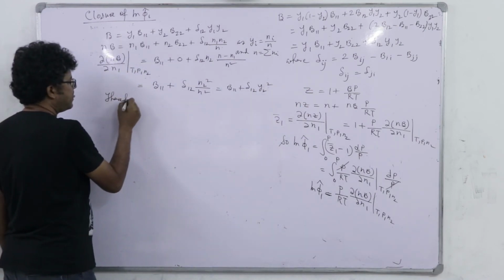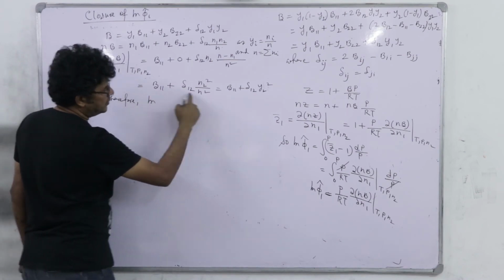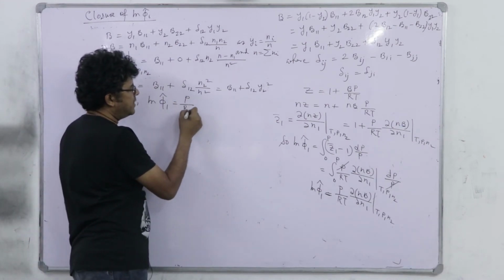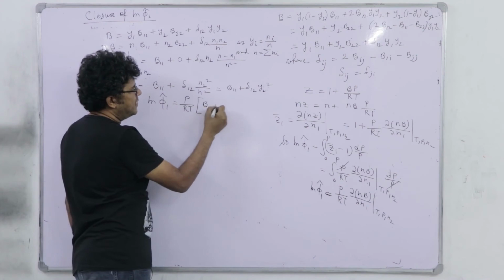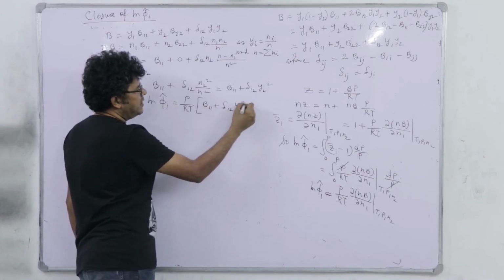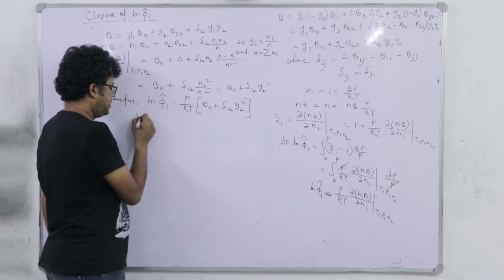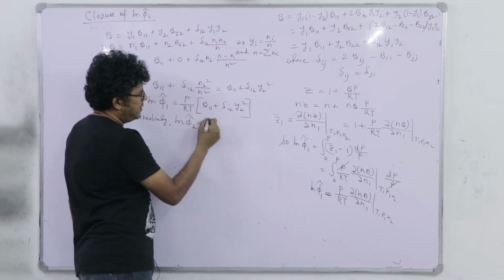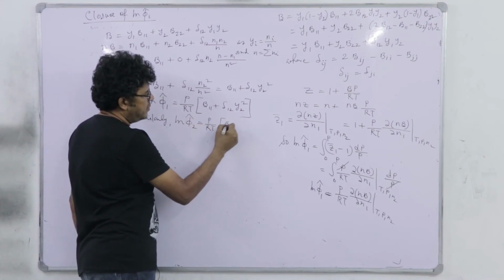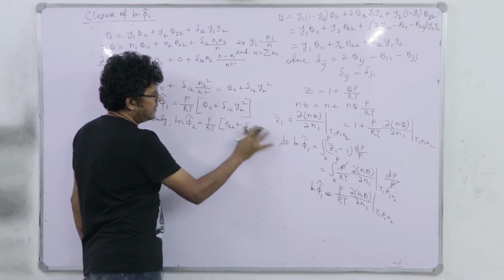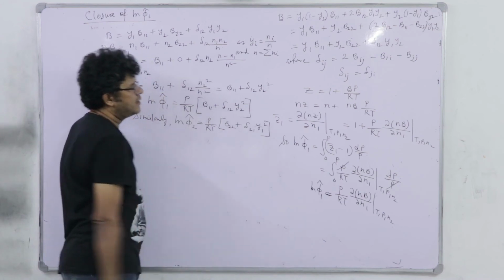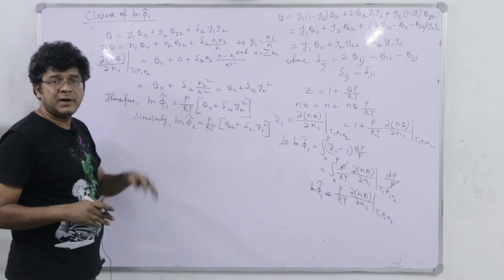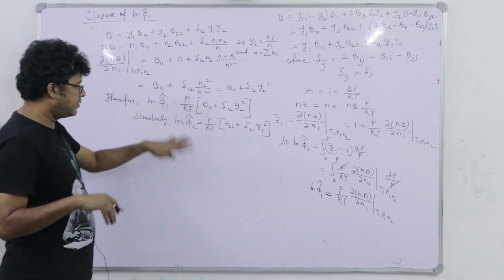Therefore, if we substitute this expression here, ln phi 1 cap becomes P by RT (B11 plus delta 12 y2 square). Similarly, ln phi 2 cap is P by RT (B22 plus delta 21 y1 square). Now, this is for a binary system; how to calculate B11, B12 and B22 we will discuss later, just after this.